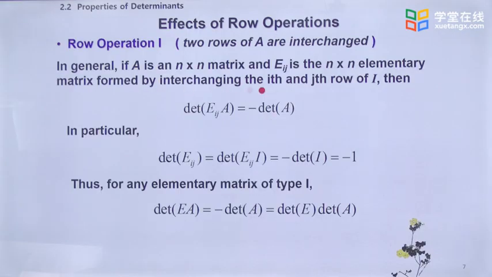And in particular, if A is the identity matrix, then the determinant of Eij times I, which equals Eij itself, equals minus the determinant of A. A now is the identity matrix, so it is minus 1.